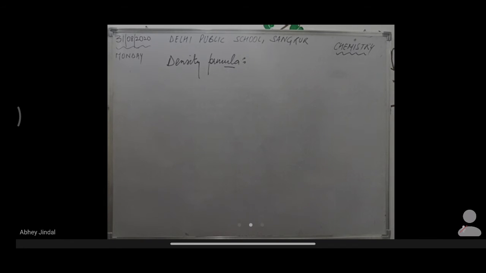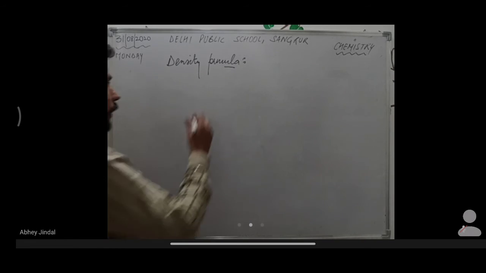Now, the density formula that you have to keep in your mind for the unit cell is d. D is for density. D is equal to Z into M upon a cube into Na.